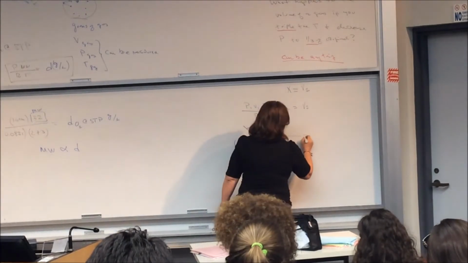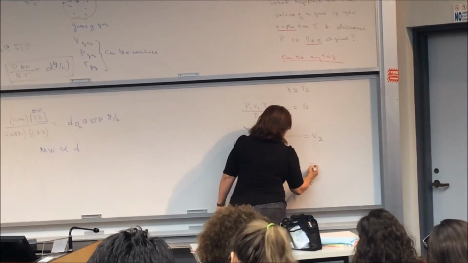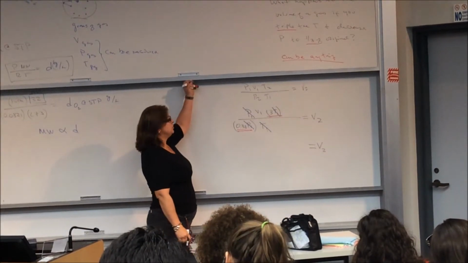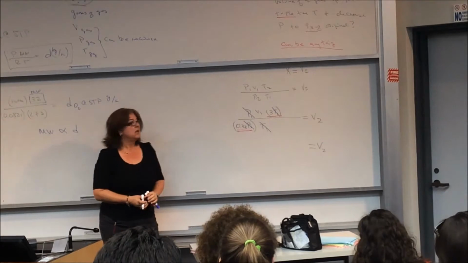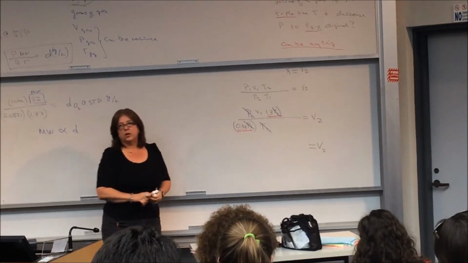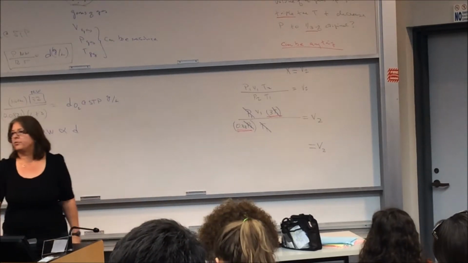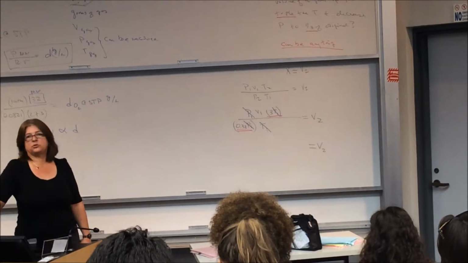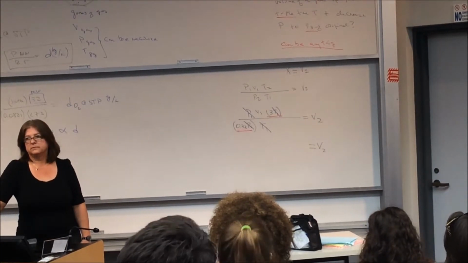So tell me, what happens to the volume of a gas when you triple the temperature and cut the pressure to 1/3 of the original? How much is 3 divided by 0.3?